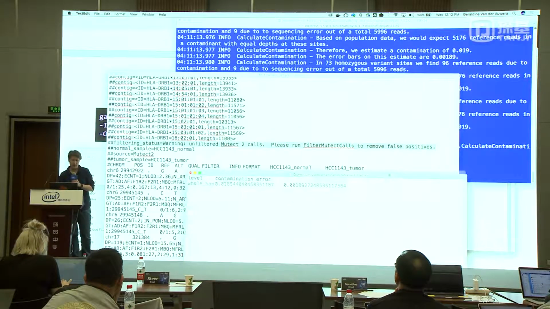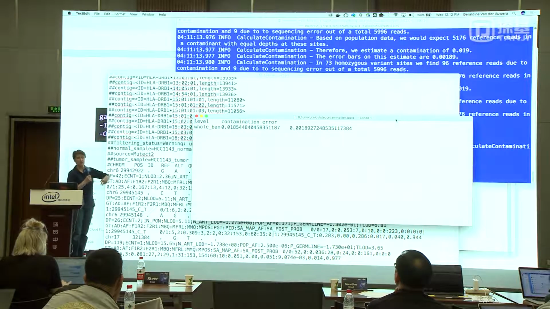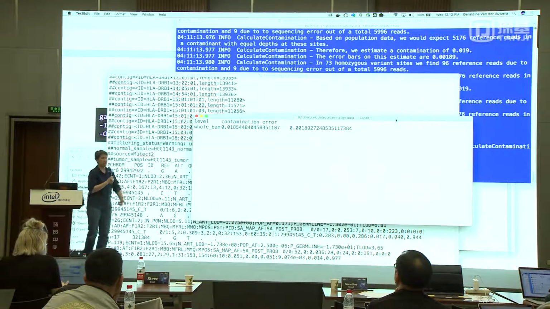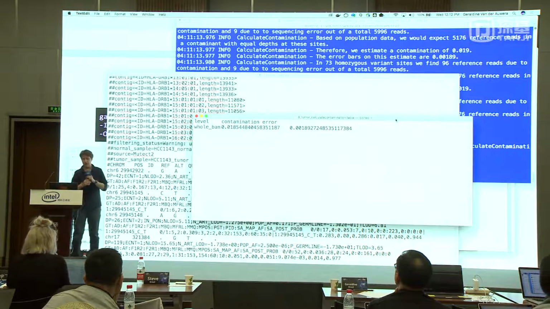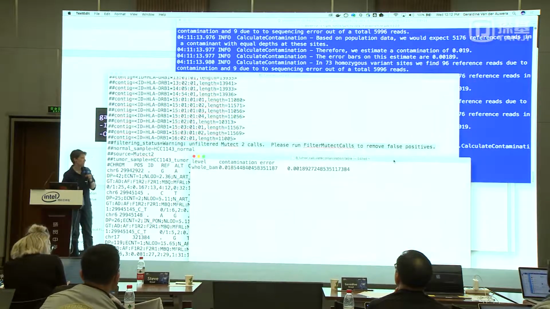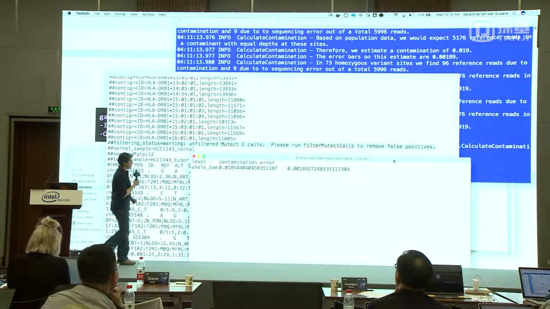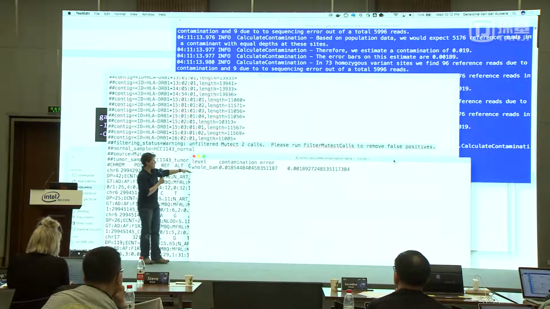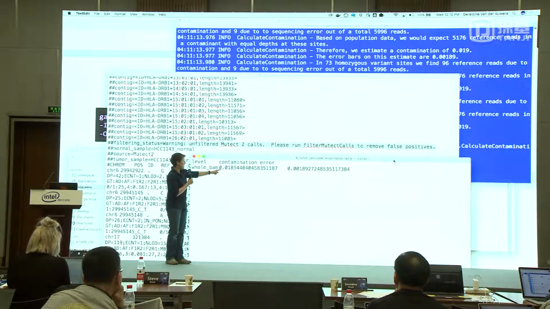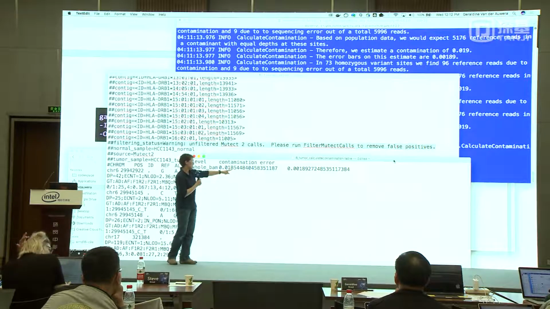The reason it's a table format, as opposed to just outputting a number, is so that we can read this in the context of an automated pipeline. Okay, so at the level of looking at the entire BAM that I provided, my level of contamination is about 1.8%, almost 2%.